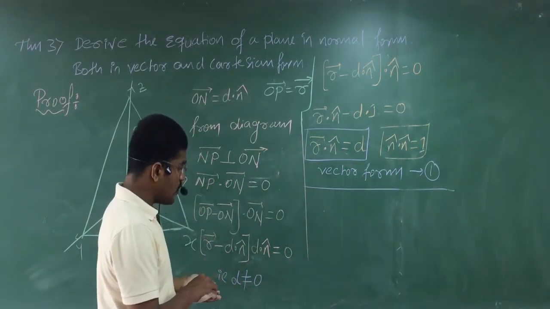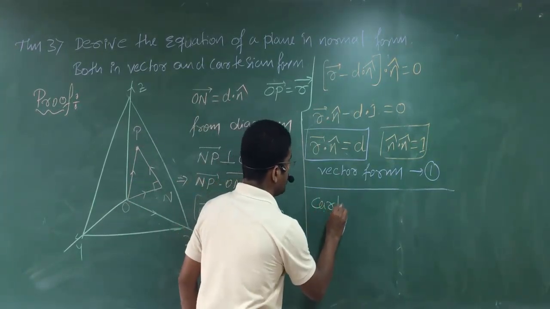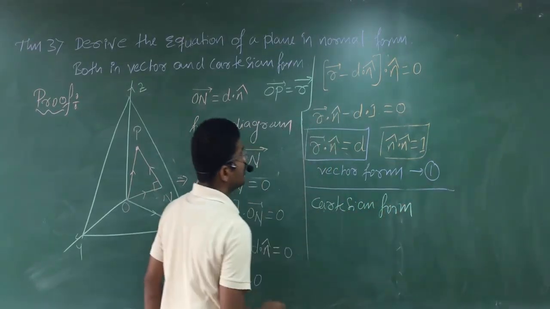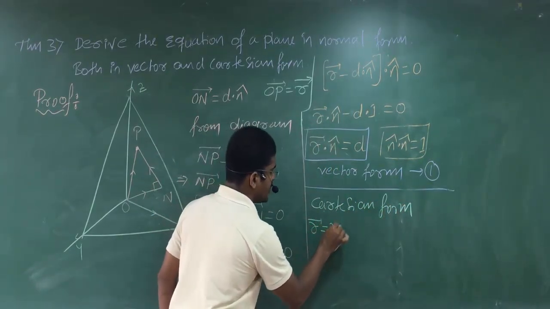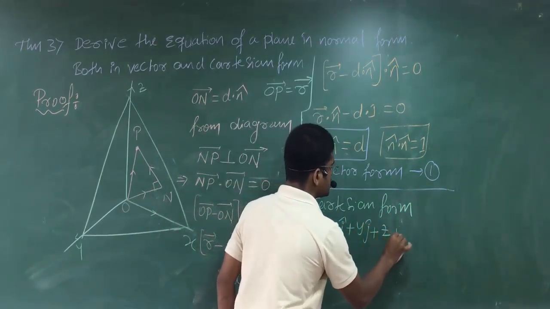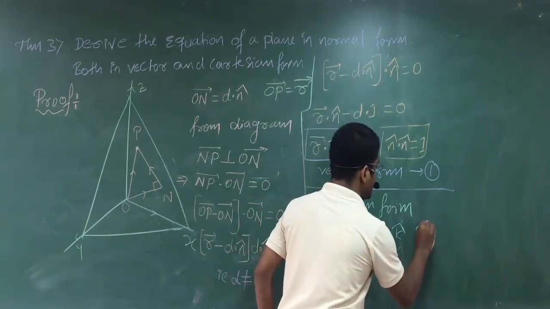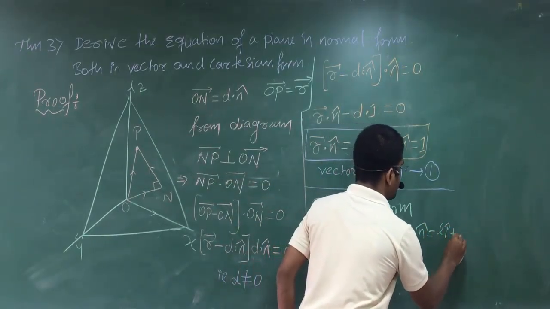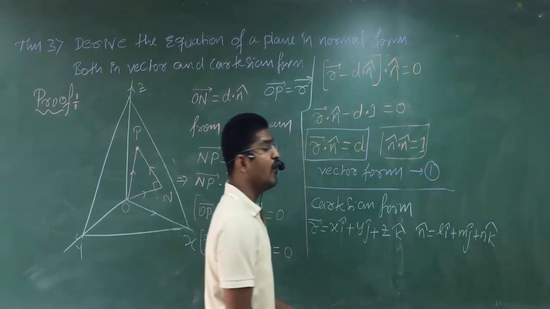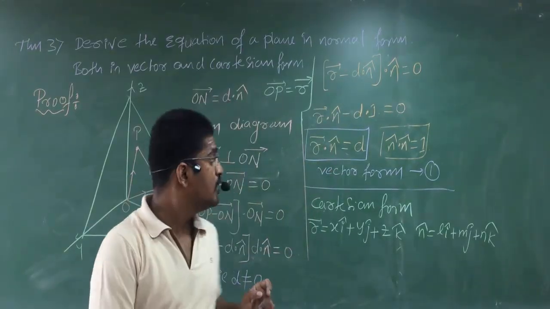Okay. So now let us go for Cartesian form. In Cartesian form, R is written as xi cap plus yj cap plus zk cap, and n cap is written as li cap plus mj cap plus nk cap, because here n cap is the normal vector.